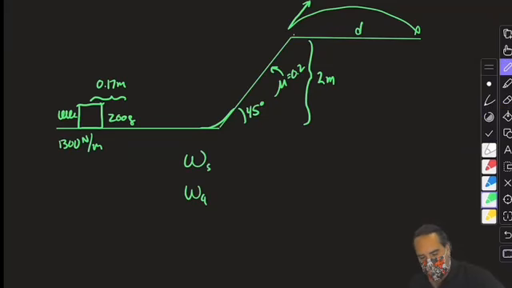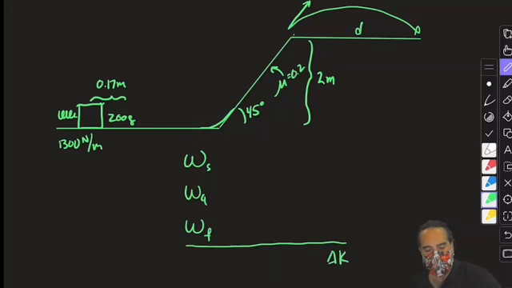And friction does work on the block. There are 3 forms of work being done on the block. When we're done, this will have to be equivalent to the change in kinetic energy of the block. And we know that the block starts with no kinetic energy. So the initial kinetic energy is 0. Whatever kinetic energy it has here, it's the result of these 3 bits of work being done on the block.